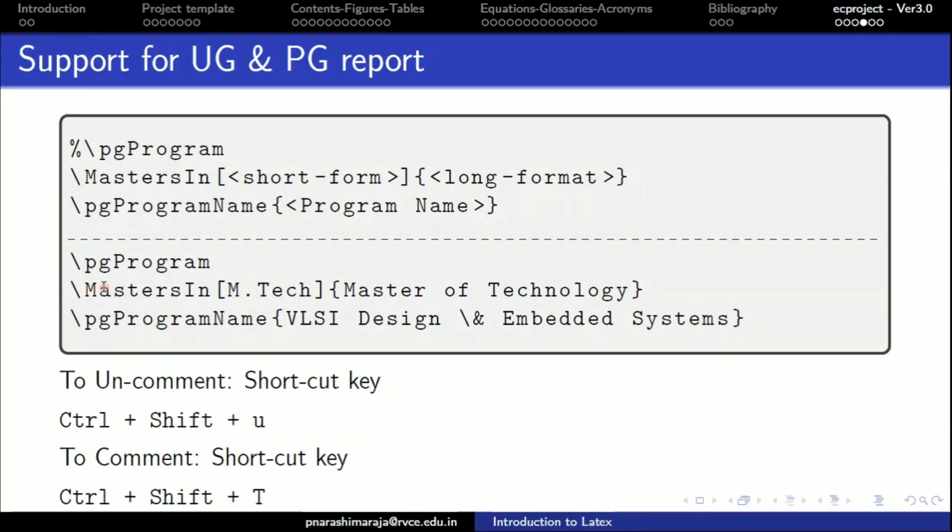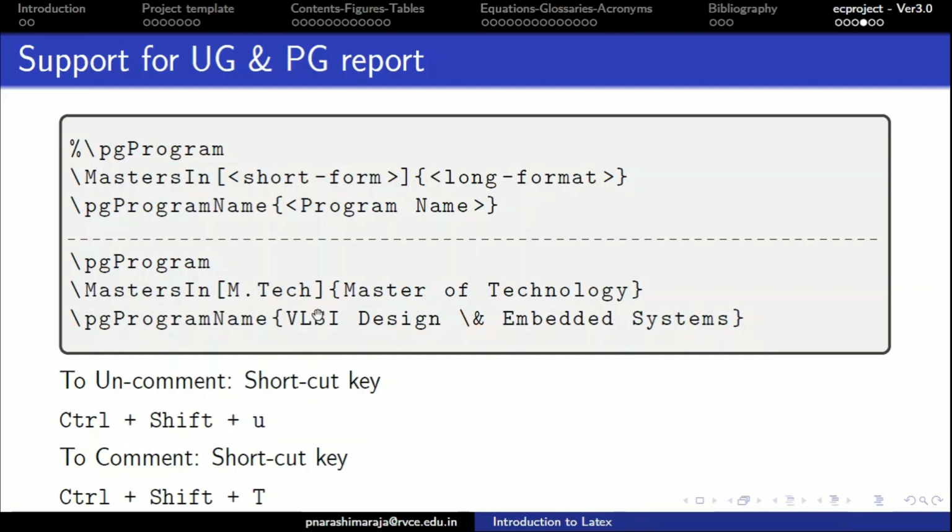As stated here, the masters in short form for Master of Technology is specified as MTech, and the PG program name, as an example, is included here as VLSI Design and Embedded Systems. Note that in this ampersand symbol there is an added backslash character, because the ampersand has a special meaning in LaTeX, and one has to remove the special meaning by adding this escape character backslash.